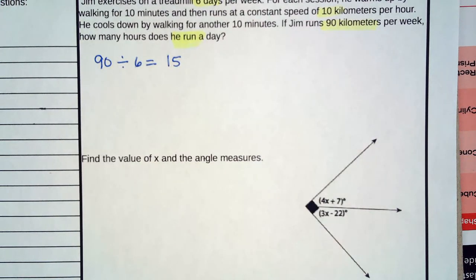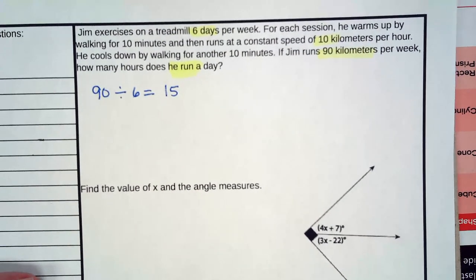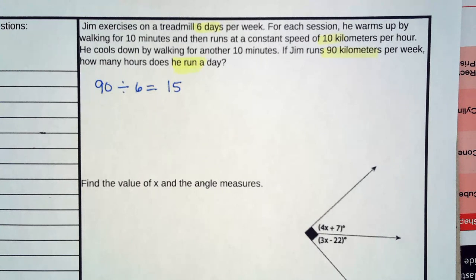Okay, now we know how many kilometers he runs per day, but how fast does he run? He runs 10 kilometers per hour. So each day he runs 15 kilometers at 10 kilometers per hour.